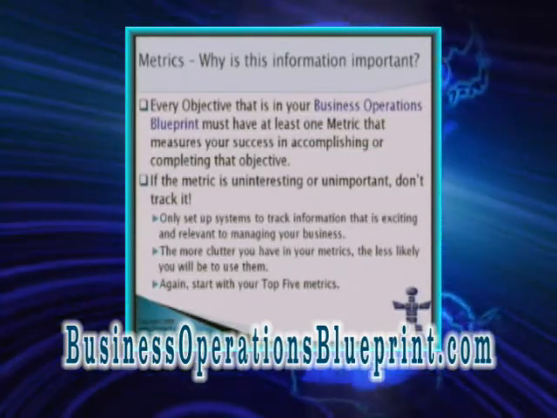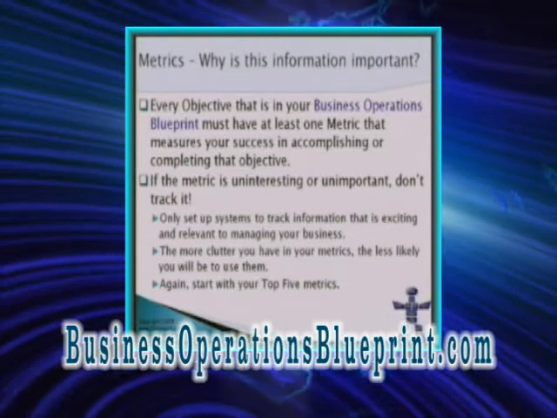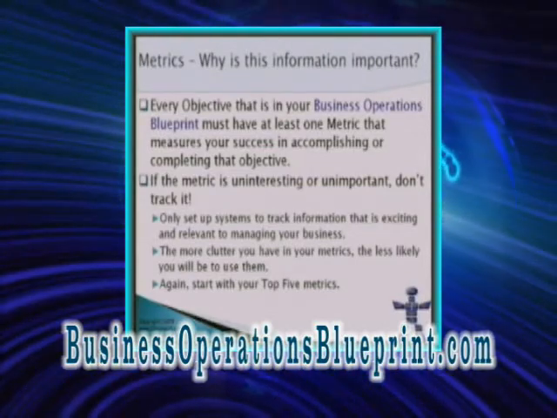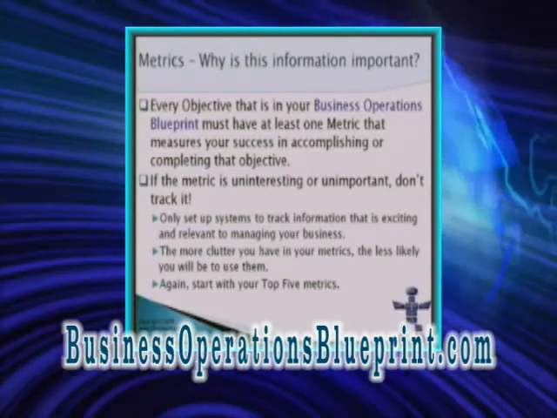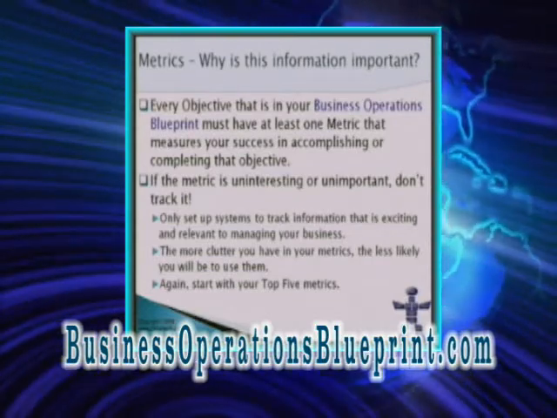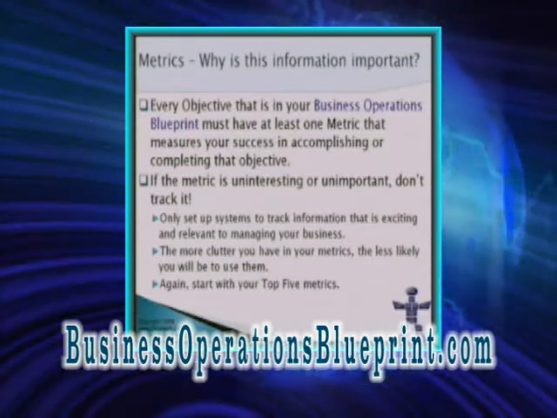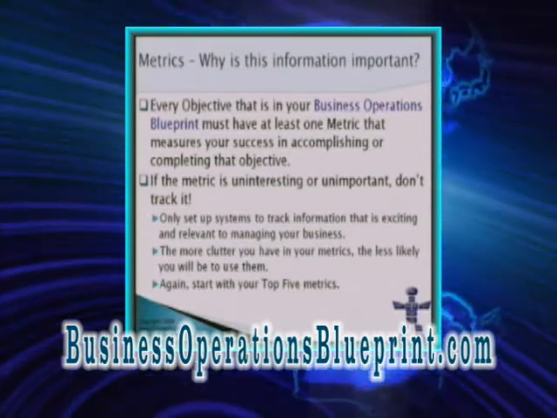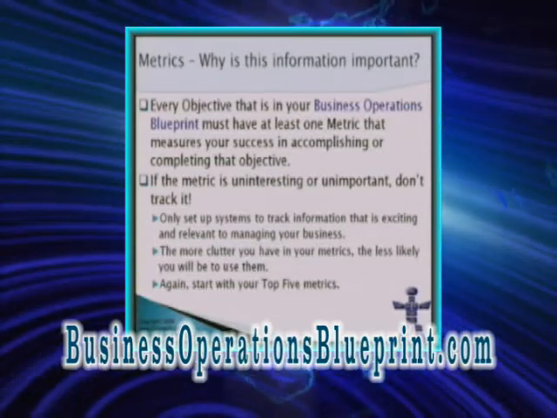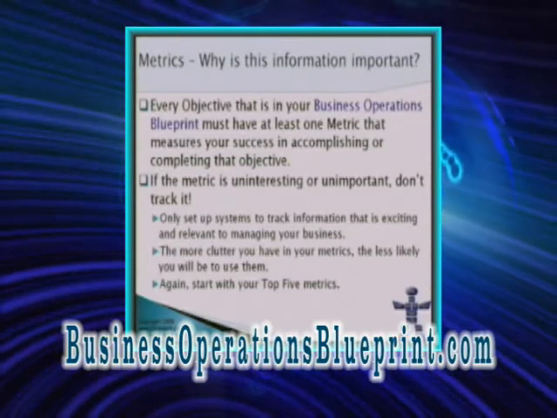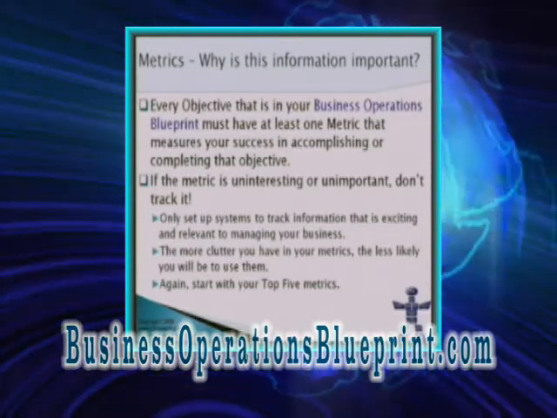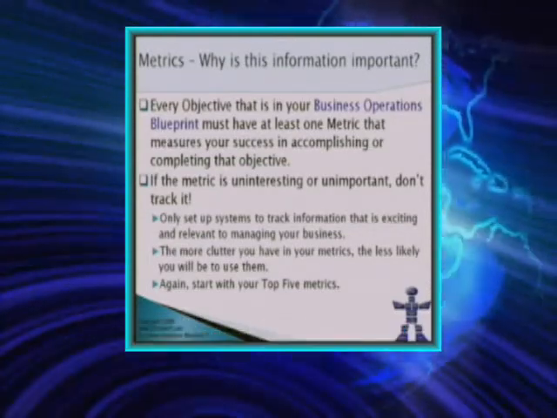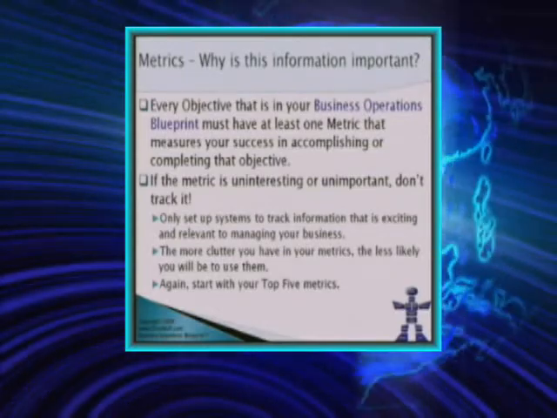Now, I don't mean just feel-good stuff, but I'll tell you what's exciting to me, and that's growth and profit and forward motion. Those are things that are exciting. And yes, we have to deal with the mundane items and challenges that come up in running our business, but I'm driven by excitement. So I want to put things out there that, as I look at them, encourage me and excite me to do a great job.